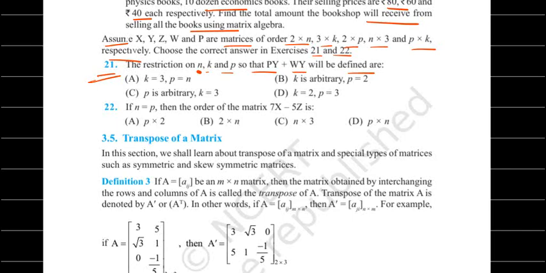In the question they have given X is equal to 2 into n, Y is equal to 3 into k, Z is equal to 2 into p, and W is equal to n into 3, and P is equal to p into k.